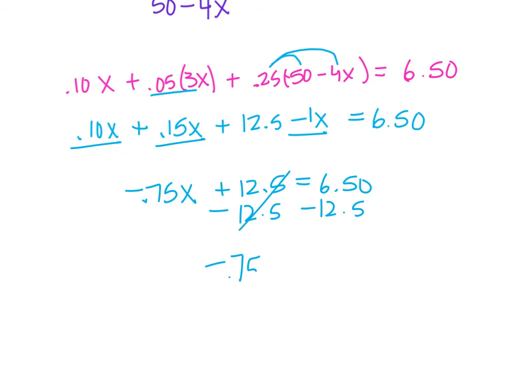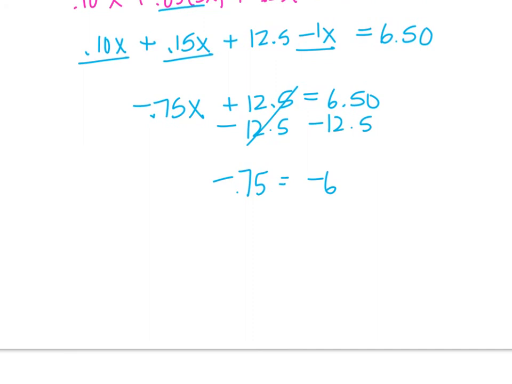Negative 0.75 equals negative 6. Oops, did you notice I forgot my x? There it is. Alright, then we divide by negative 0.75 on both sides. So x is equal to 8.